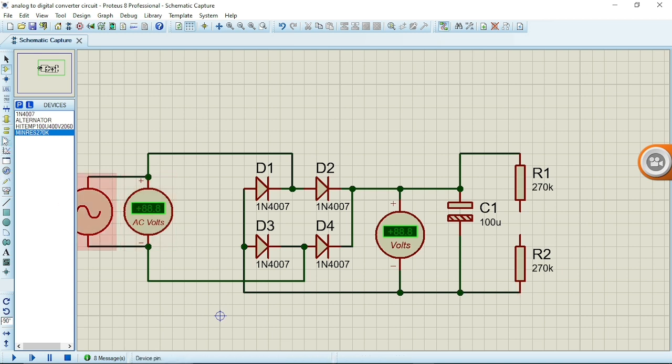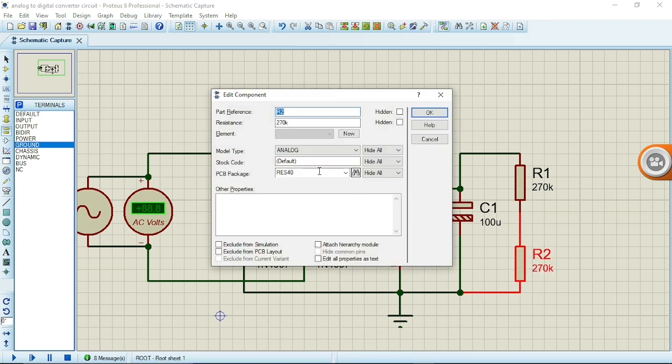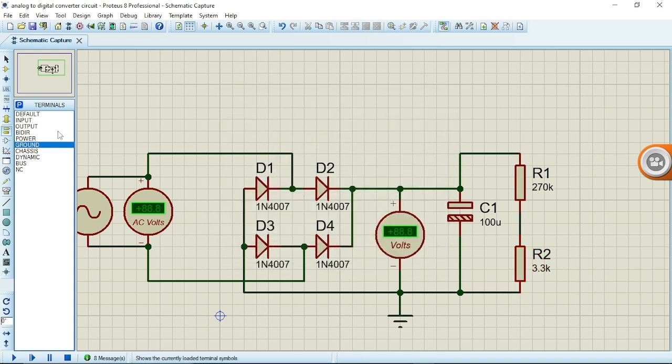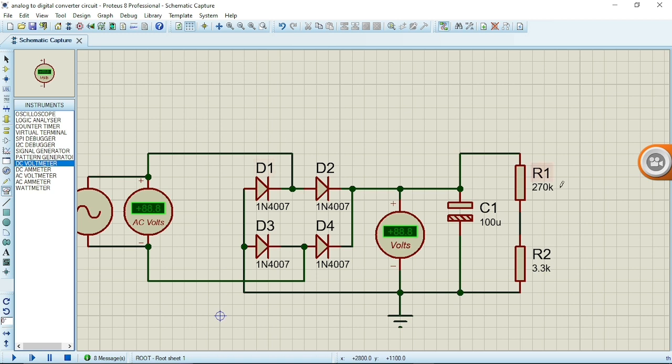It's important you ground your circuits so that Proteus will not be confused. So we have 270k here, and I'll put a 3.3k resistor here. Let me use a voltmeter and see.